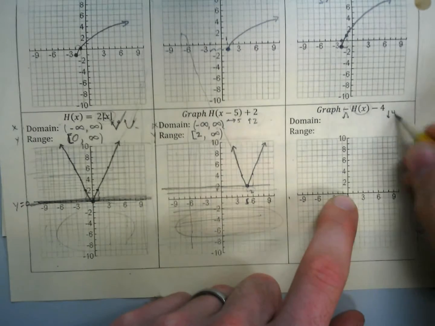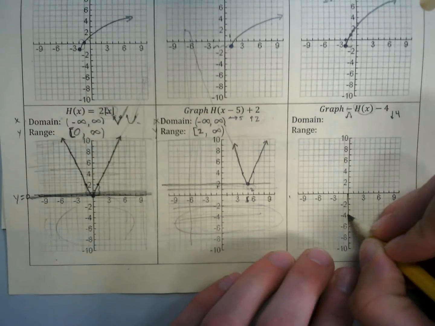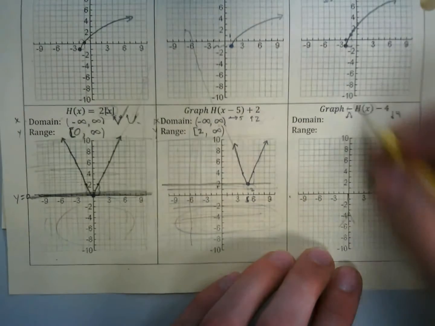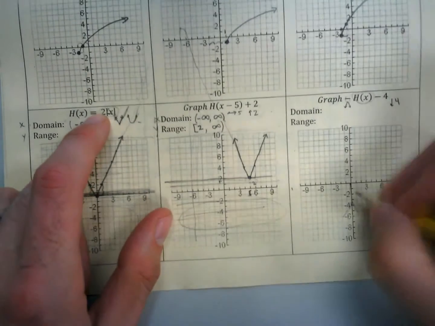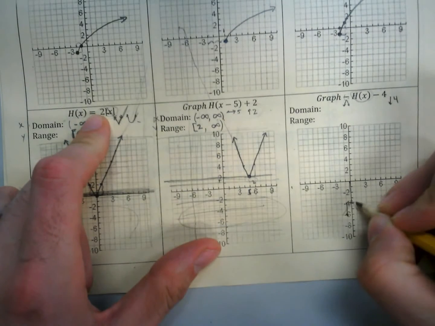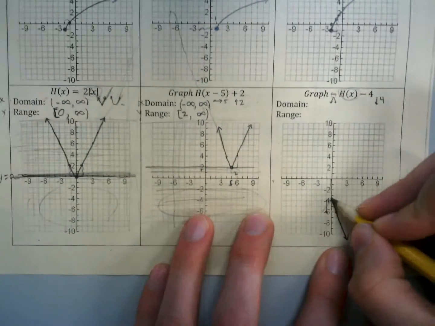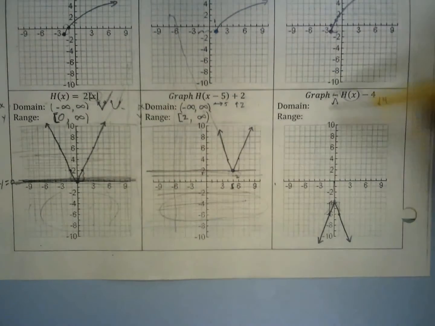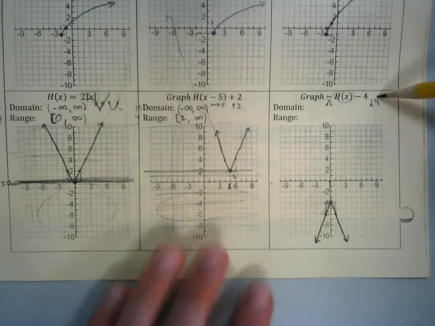This says move it down 4, so we're down here to negative 4. And it's going to be facing downwards. That negative leading coefficient made it go down. Still 2, but just negative 2. So over 1, down 2, and over 1, down 2. Something like this. Flipped it, brought it down 4.